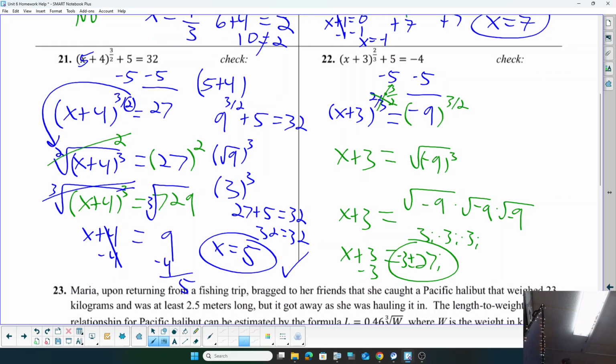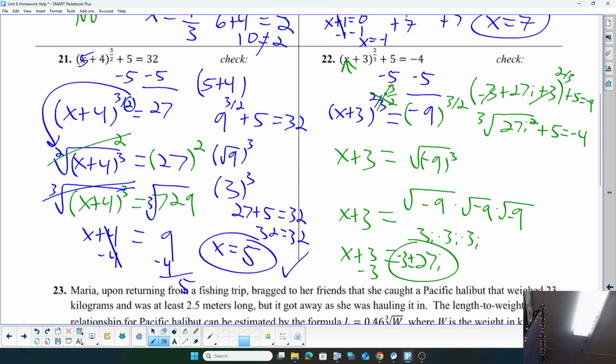And if we plug it in, we can see if it works, I guess. Let's take one of them, negative 3 plus 27i. We plug that in there. And so we get x plus 3 to the 2/3 power plus 5 is equal to negative 4. And so the negative 3 cancels. We're at 27i. It's the cube root, but then it's also squared. Plus 5 equals negative 4. I don't know. Is this going to work?